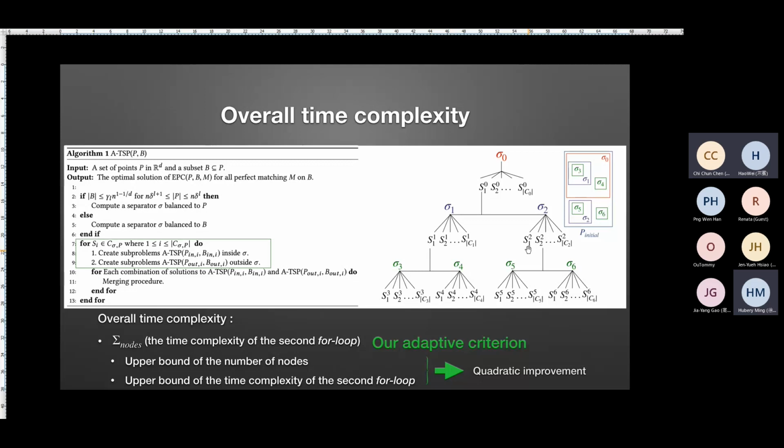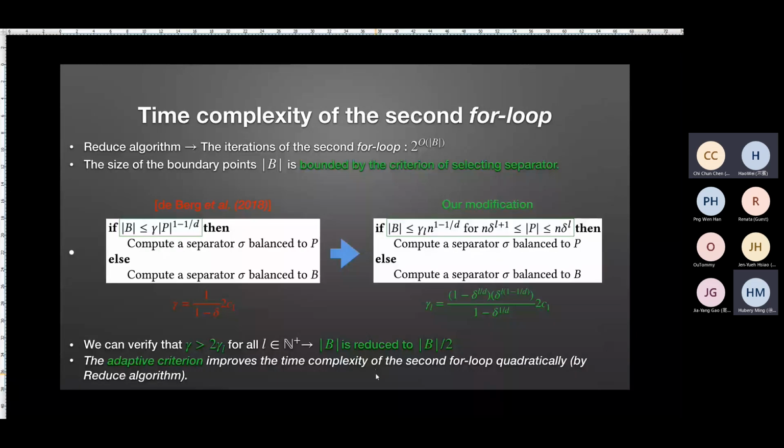So it is sufficient to upper bound the number of nodes and upper bound the time complexity of the second for loop to bound the overall time complexity. And our adaptive criterion could improve these two terms quadratically. Let's first consider the time complexity of the second for loop.